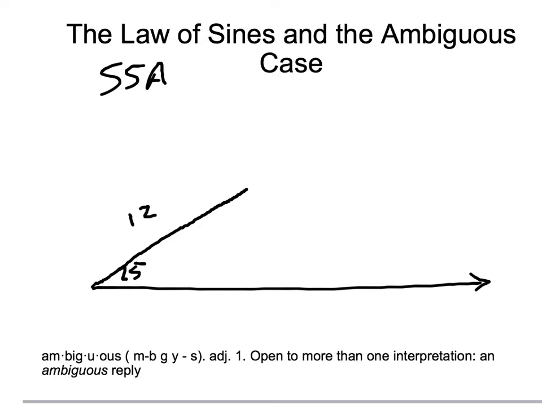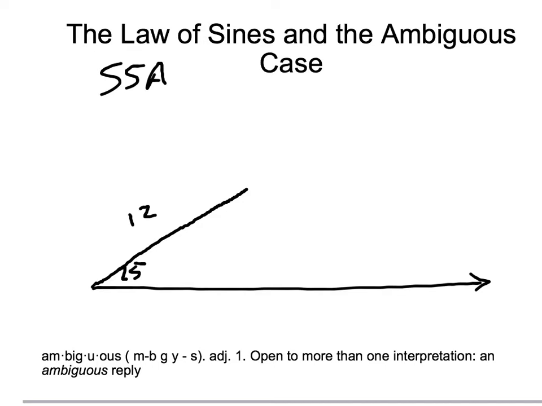The problems with the side-side-angle case start coming in when you take the third part, the second side of the situation. Because how do you know exactly where to draw it, where that second side is going to intersect this infinitely long third side? The best way to deal with that is the compass.